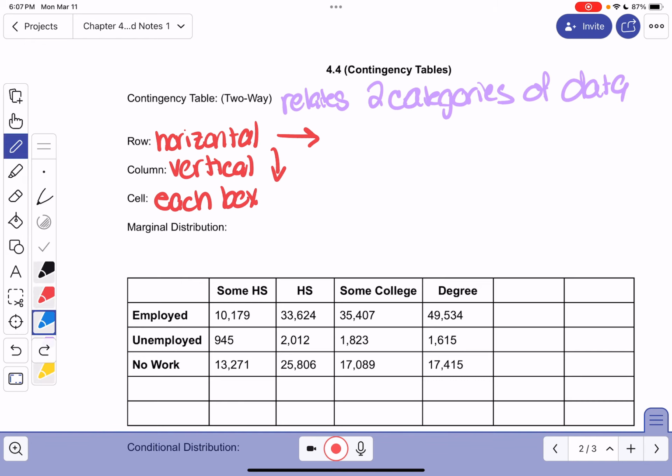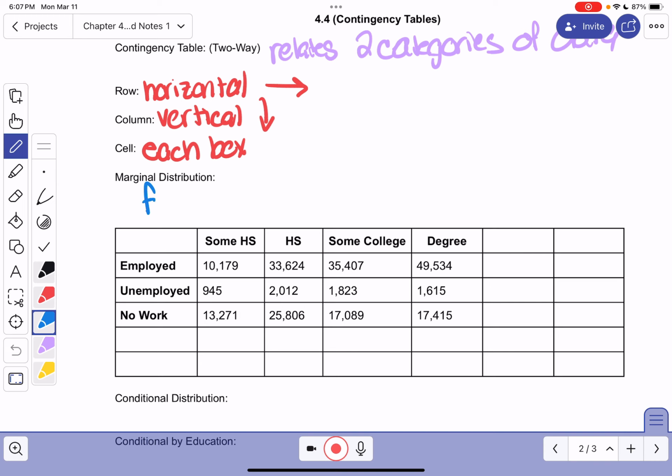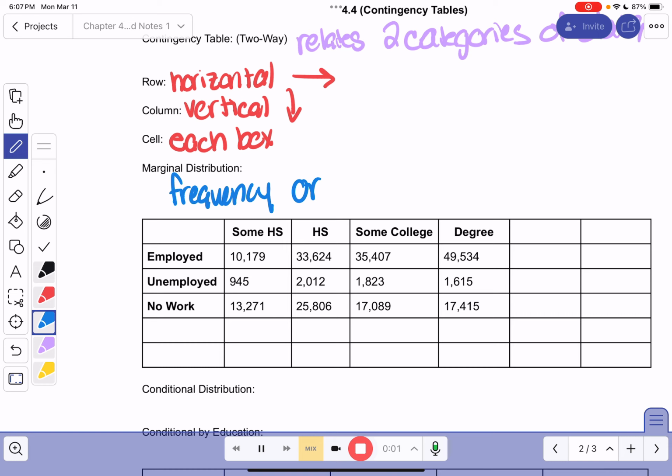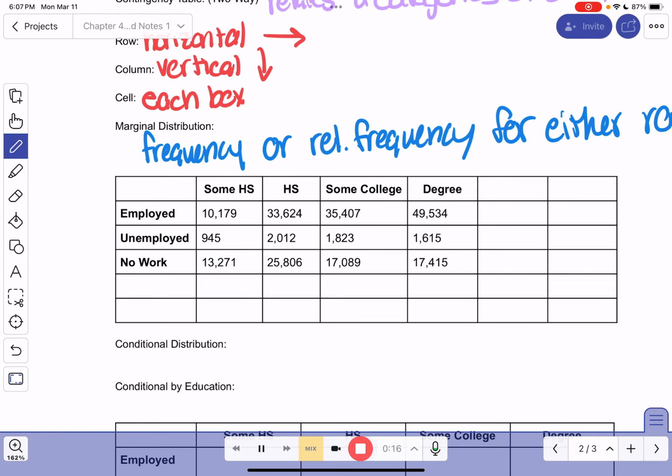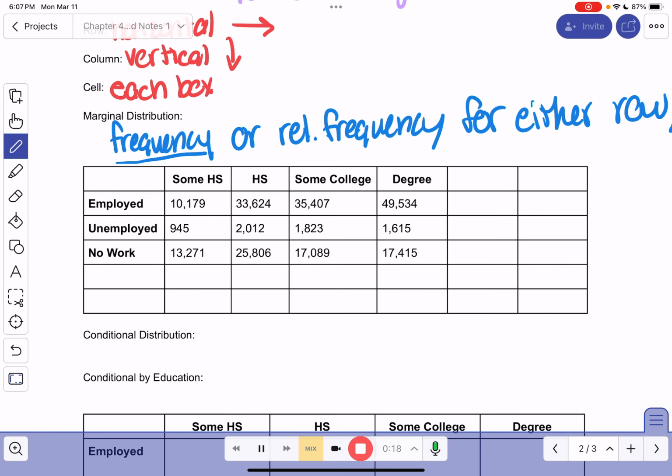A marginal distribution shows the frequency or the relative frequency. You can have a relative frequency distribution for either a row or column. So here, essentially, the frequency is going to be our totals of our rows or columns.